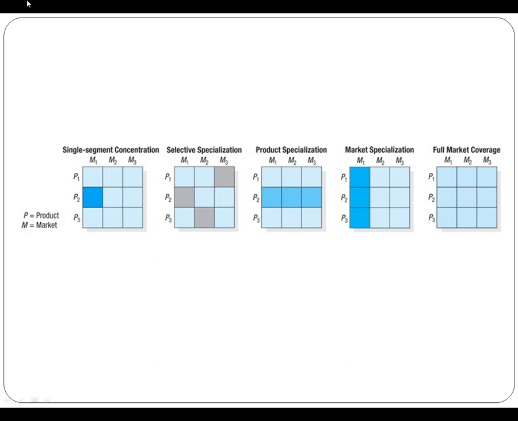Market specialization, one market focus, pretty much providing them everything they need. And again, full market coverage is you're to some degree in all markets with all products. So full market coverage we can call kind of jack of all trades, master of none, whereas these others you're much more specific. So the question that always comes up is which one of these is the most risky?